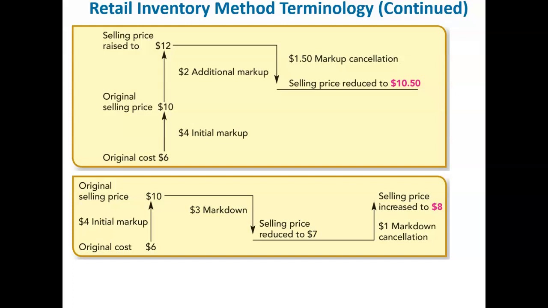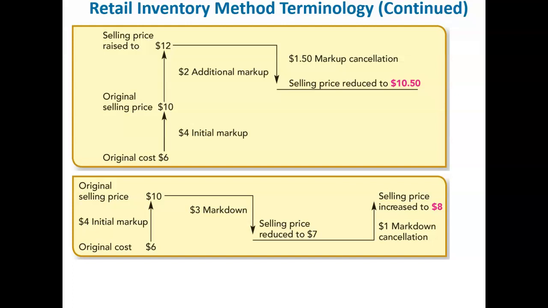Now let's say that the selling price of the product purchased for $6 and initially marked up to $10 is reduced to $7. The markdown is $3. If the selling price is later increased to $8, the markdown cancellation is $1. A markdown cancellation reduces a markdown, but not above the original selling price.